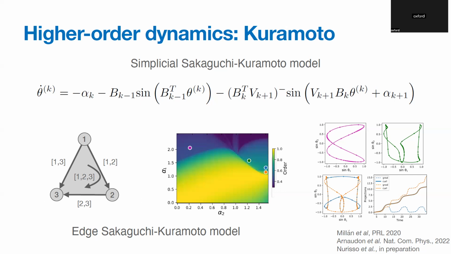It's been extended to simplicial complexes, first by Millán and Bianconi, and then with some colleagues, we tried to extend that to include frustration in the model. So you tend not to have dynamics that necessarily converge to equilibrium, but you have this frustration parameter that essentially tries to convince the spins not to align themselves, and that gives rise to rich dynamics.